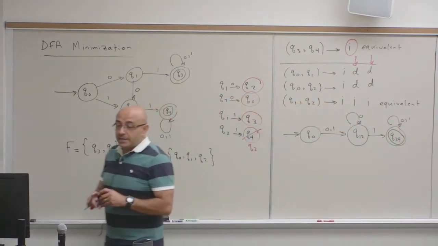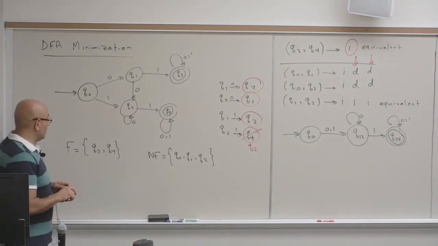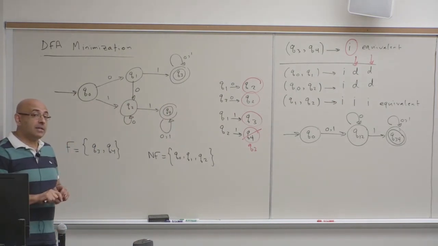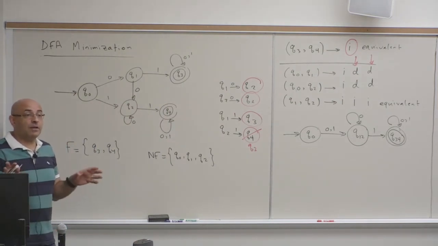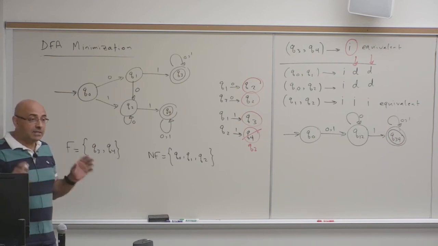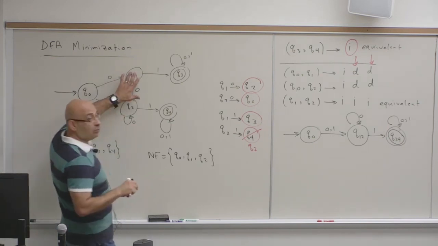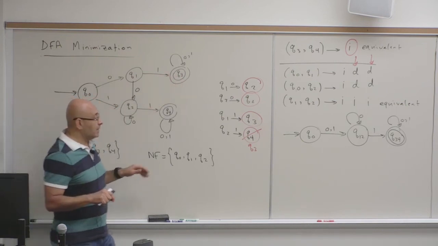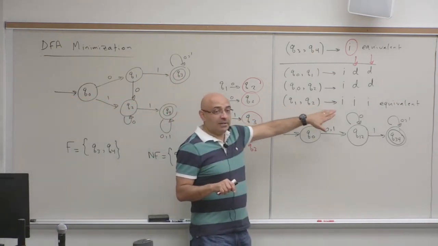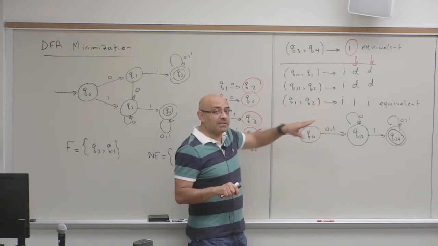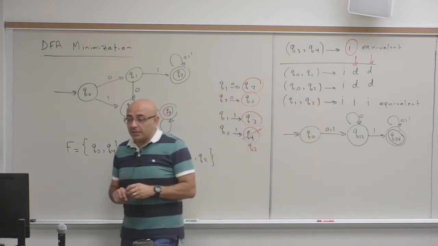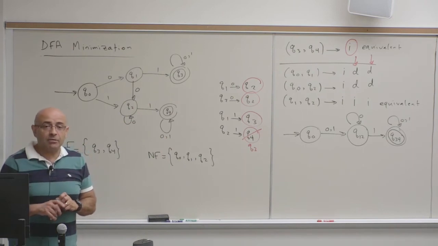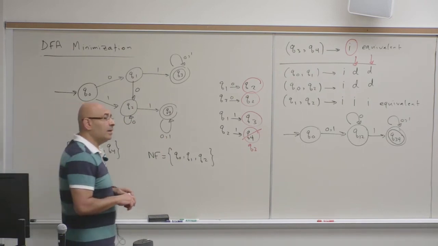Okay, so this is a systematic procedure that led to the same result that we figured out by inspection. By inspection, we could tell that Q1 and Q2 are equivalent, Q3 and Q4 are equivalent, but this is a systematic procedure that reached the same result in a kind of counterintuitive way.